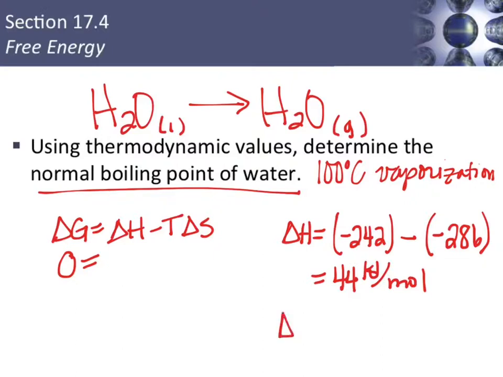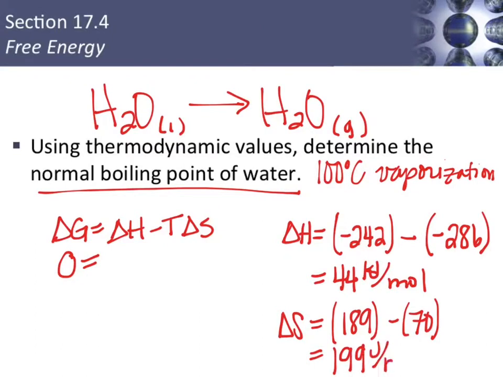If I go to the back and get my delta S, for my steam, S is 189, and for my liquid, it is 70. So that should get me 119 joules per mole K.